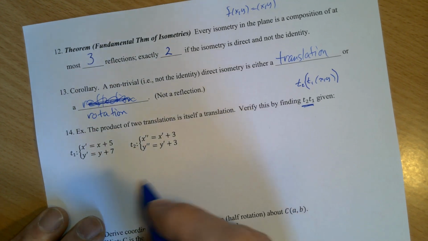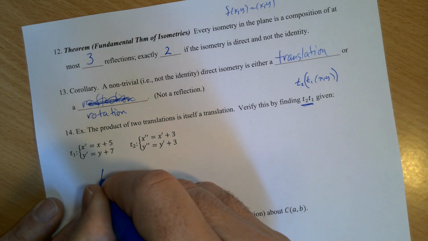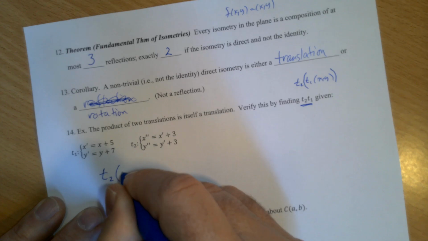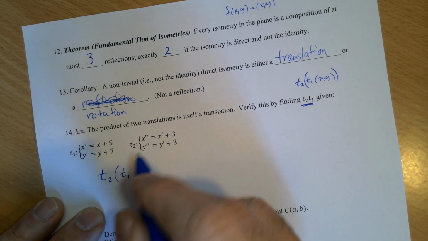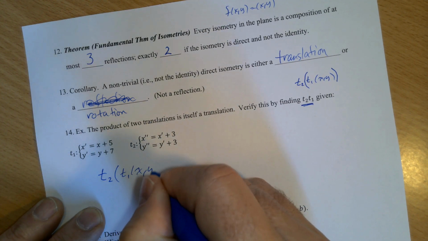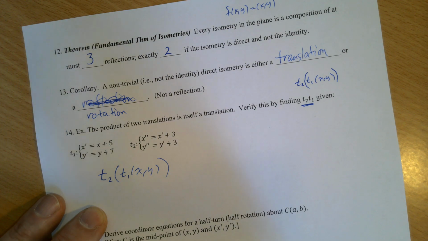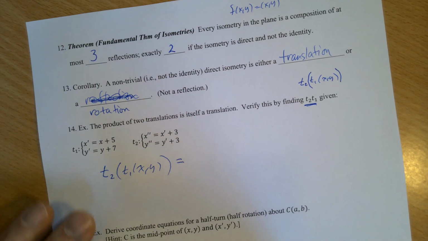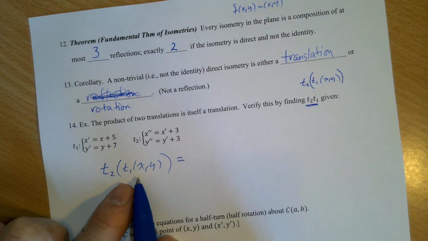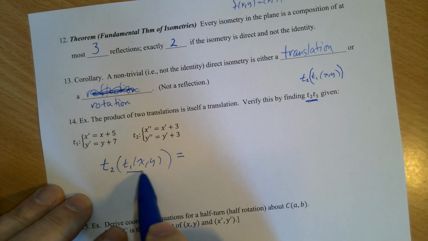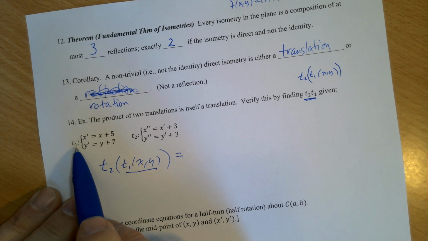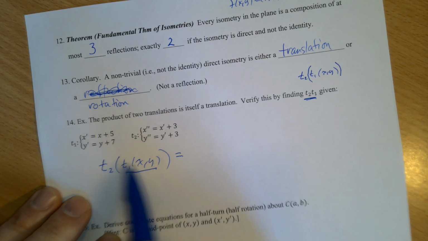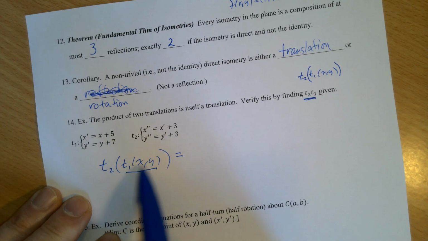So let's see, maybe I can just write this down like T2 of T1 of xy is going to be, let's do the inside one first. What is T1 of xy? You go to the function T1. In other words, how do I get x prime, y prime here?